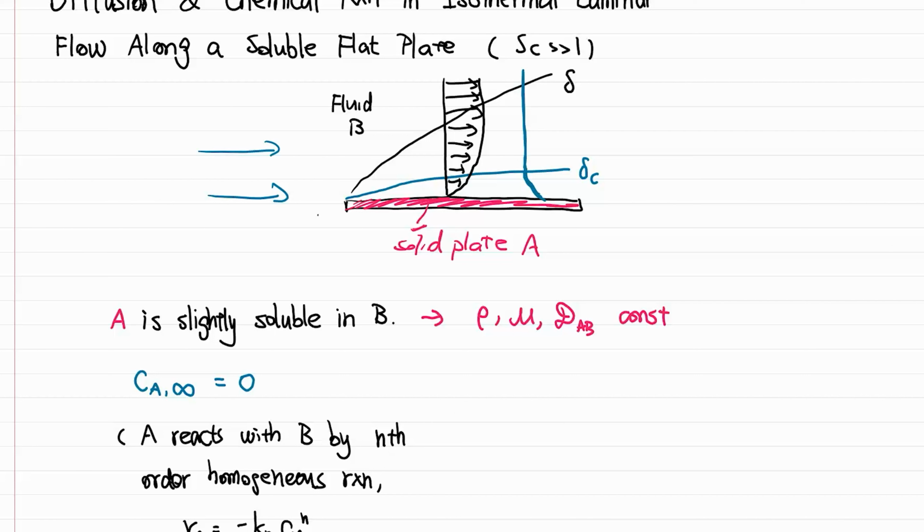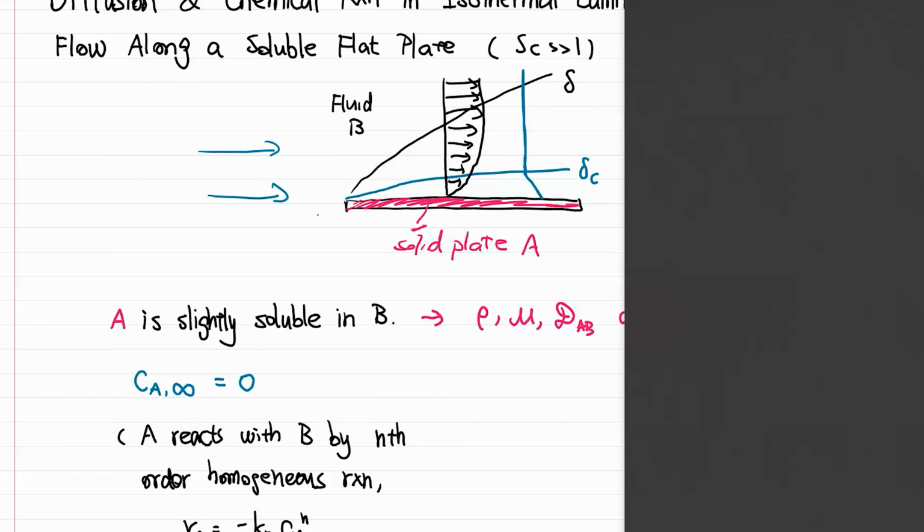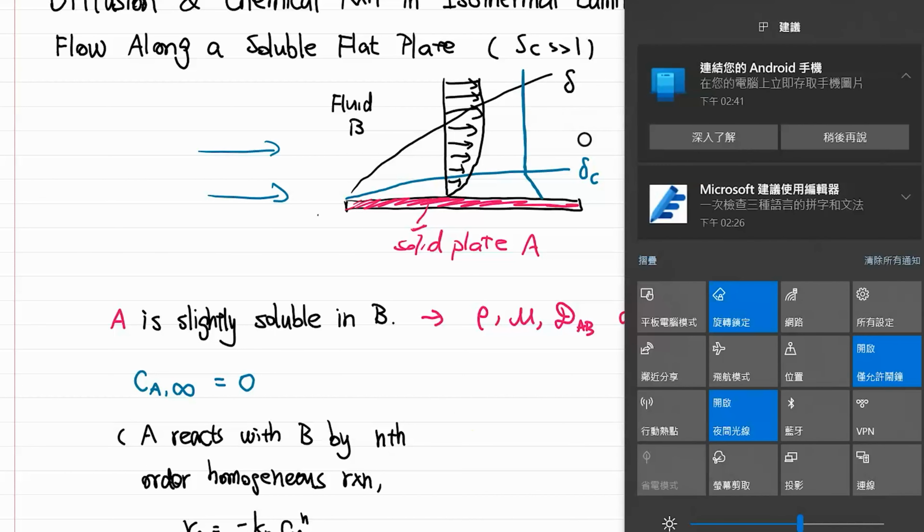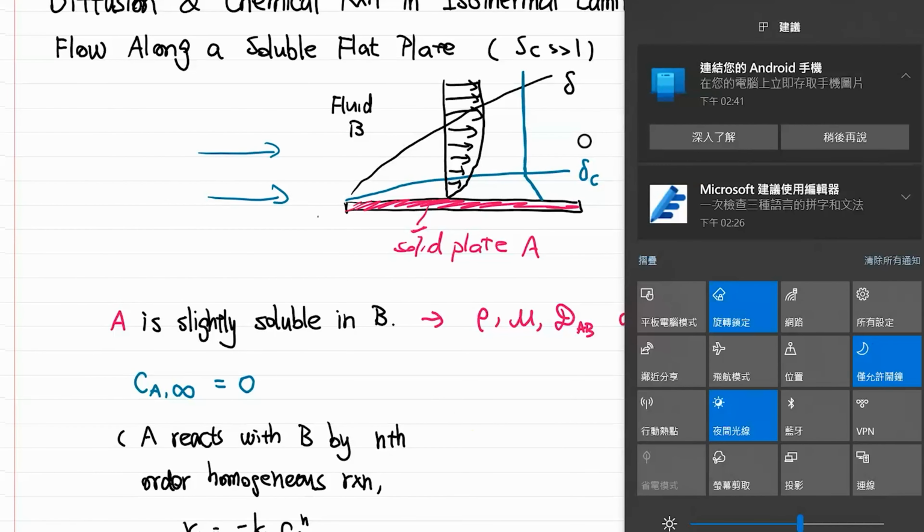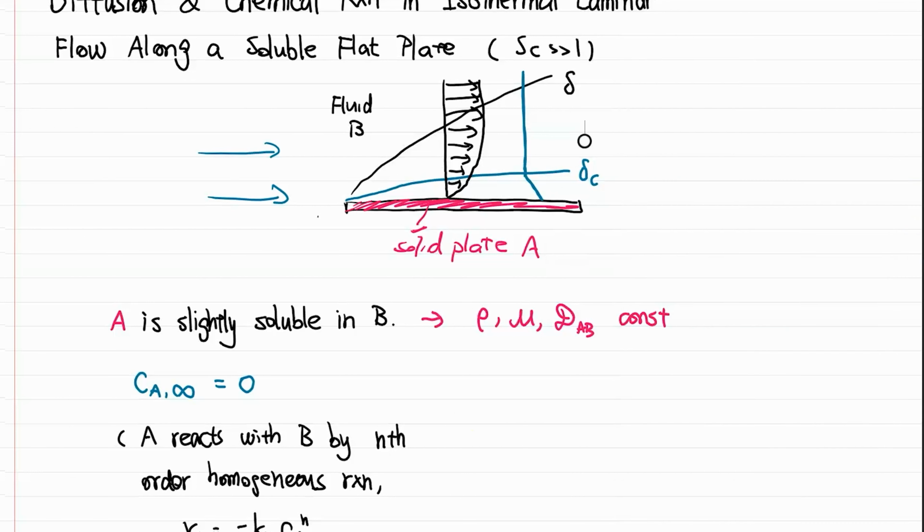But for simplicity, for our discussion, let's say that the concentration profile inside the diffusion boundary layer is linear.